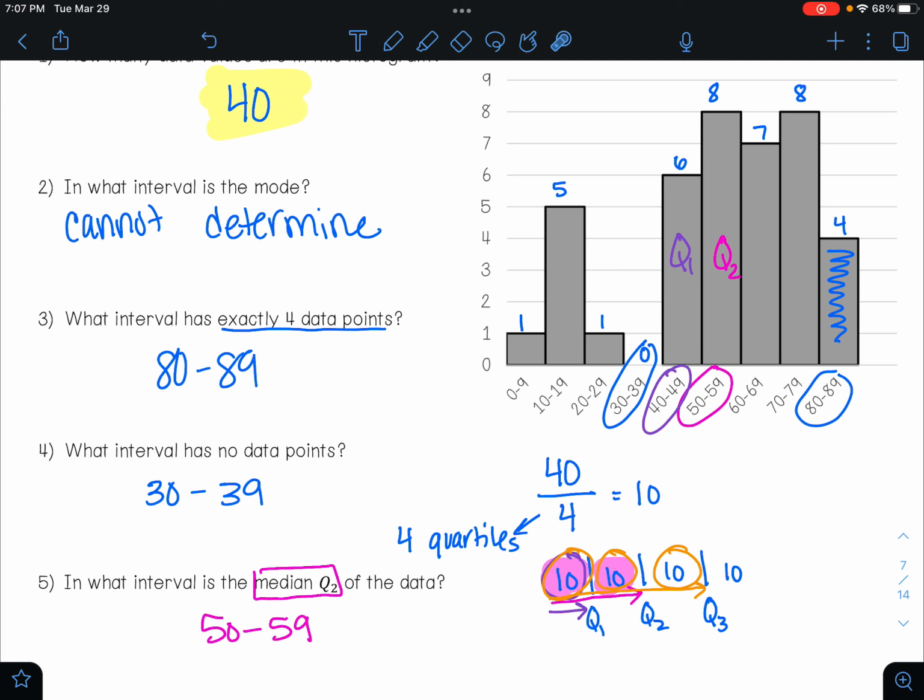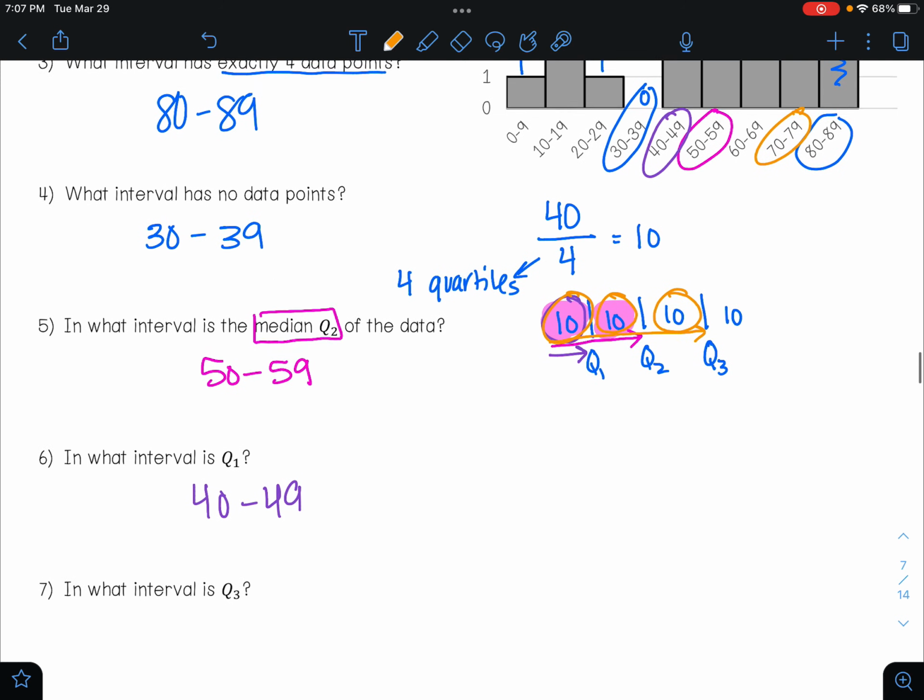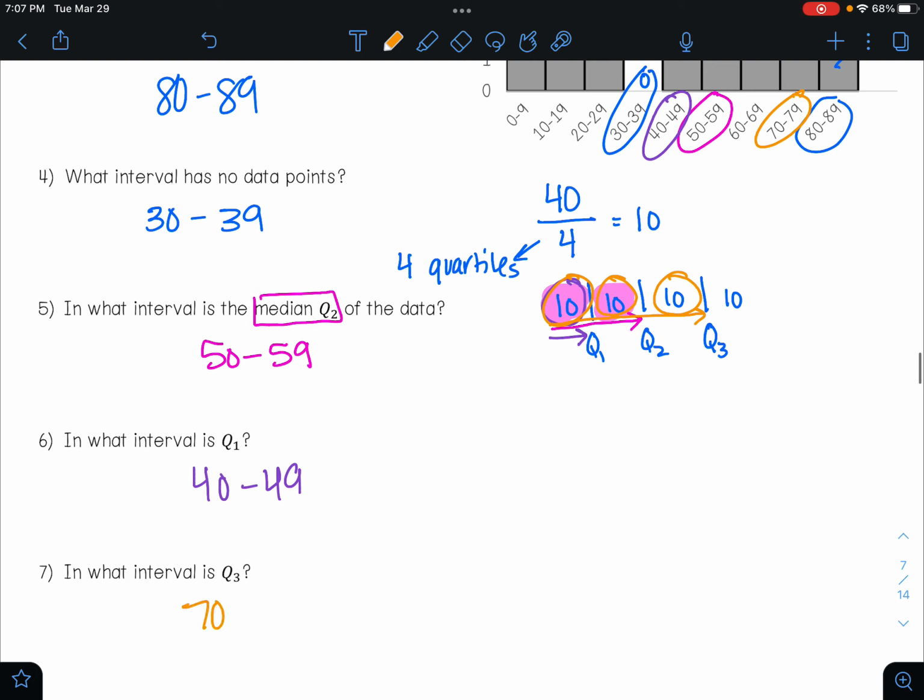So here, my 29th through 36th data value falls in this interval, which means that my 30th data value falls in this interval. And so Q3 is in the interval between 70 and 79.